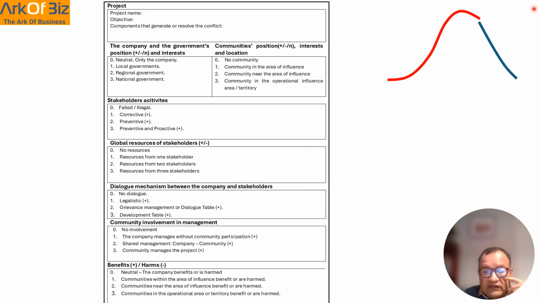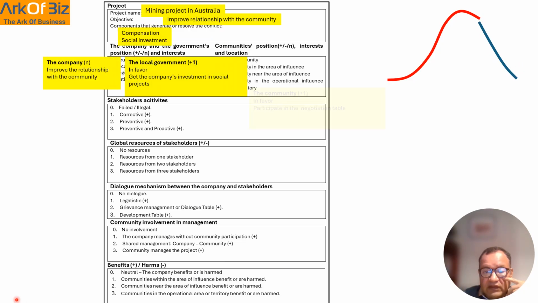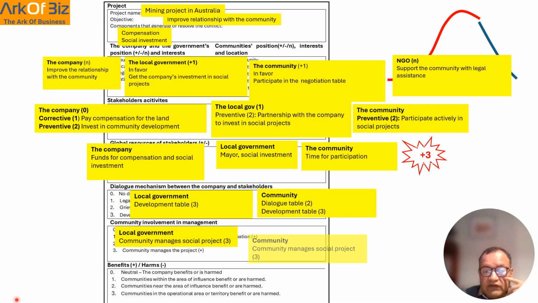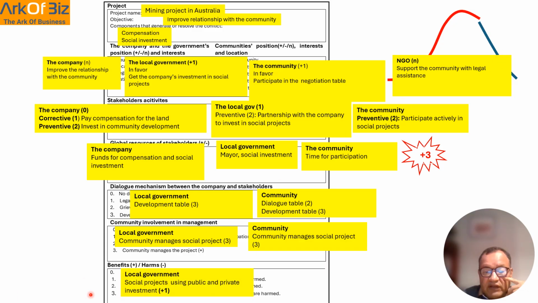In this slide, this is the conflict resolution stage. Here we have the same case as you see here. Now let's complete the element. Again, in this case, we have the conflict resolution stage, and what are the benefits received by the local government?